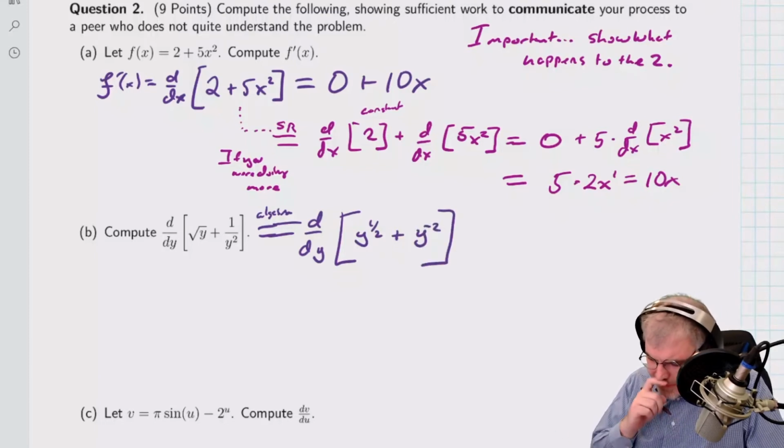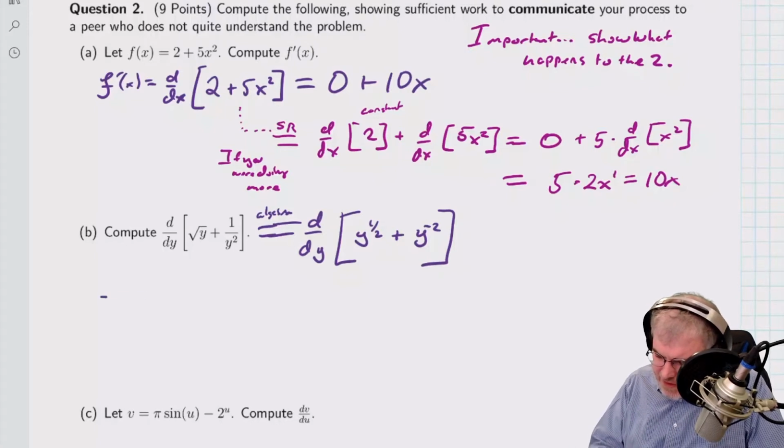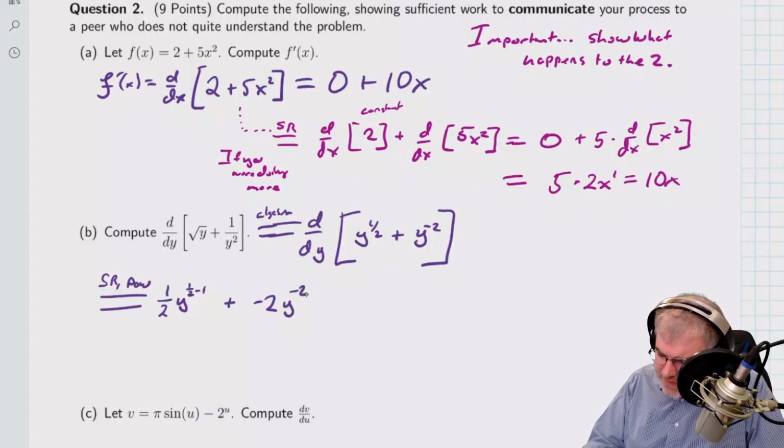And now I'll apply a little calculus. I'll apply the sum rule and the power rule in one step. And this is going to be 1/2 y to the 1/2 minus 1 plus -2 y to the -2 minus 3. Not minus 3, minus 1.